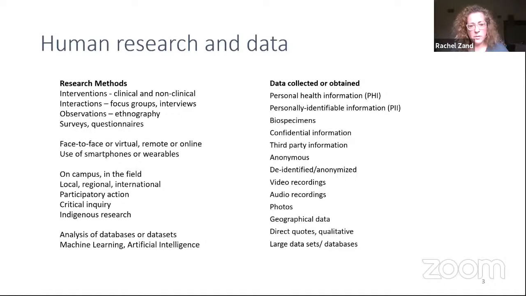Geographical data, such as GPS data, direct quotes or qualitative data, which can be linked to other aspects of data collection. People use direct quotes in their publications, and so we have to be concerned about the identifiability of those. And finally, the use of large data sets or databases, which may be research-based or may have started as either administrative data or clinical data, and we have to be concerned about those as well.